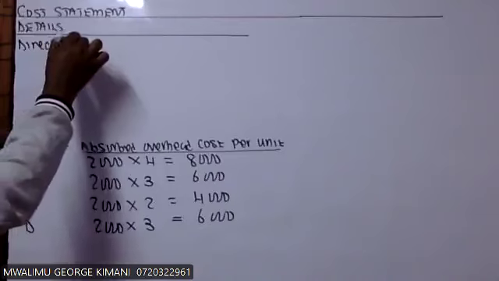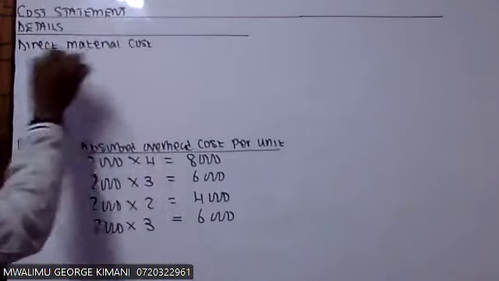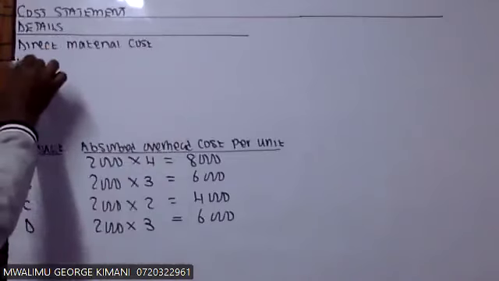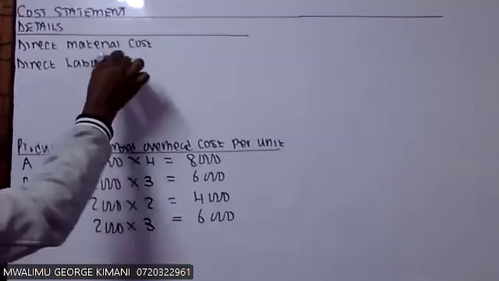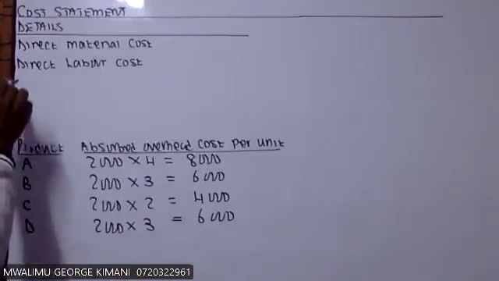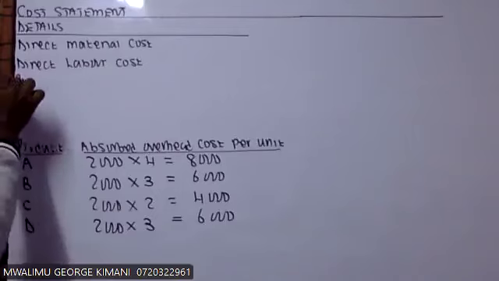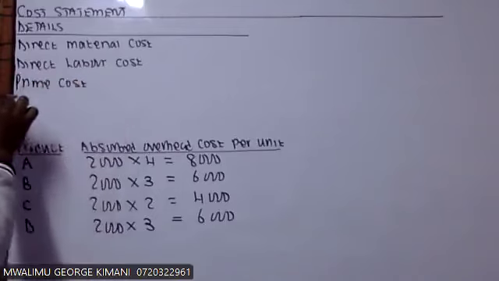Direct material costs. Direct labor costs. And then when you add them, you get something we call the prime cost.